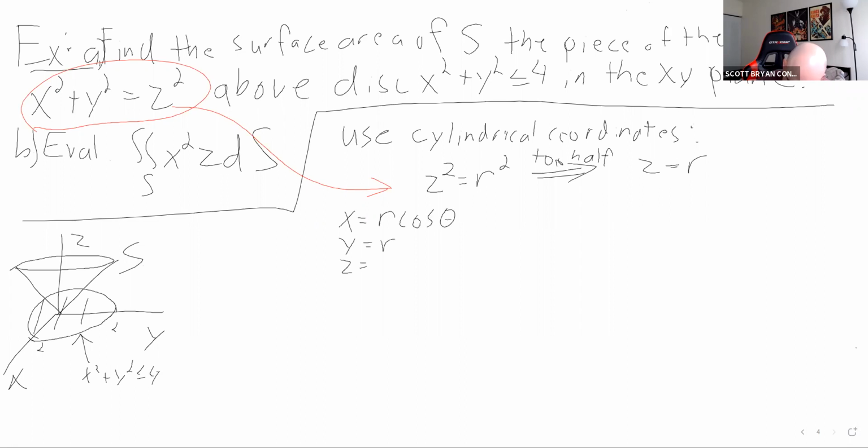Y is r sine theta. And z is z, but we're using the fact that on our surface in question, z is equal to r. So z is r. So now we only involve two variables, r and theta.